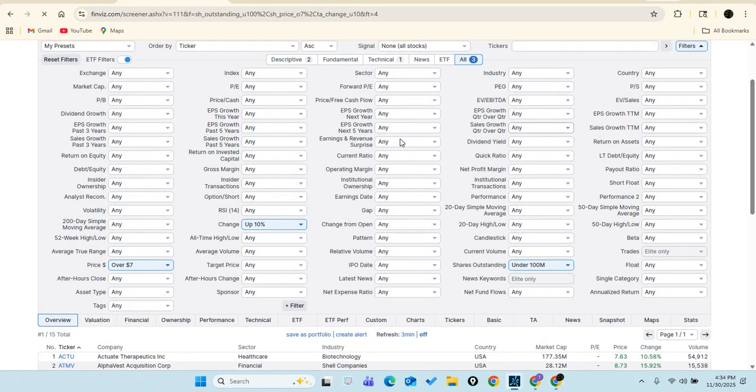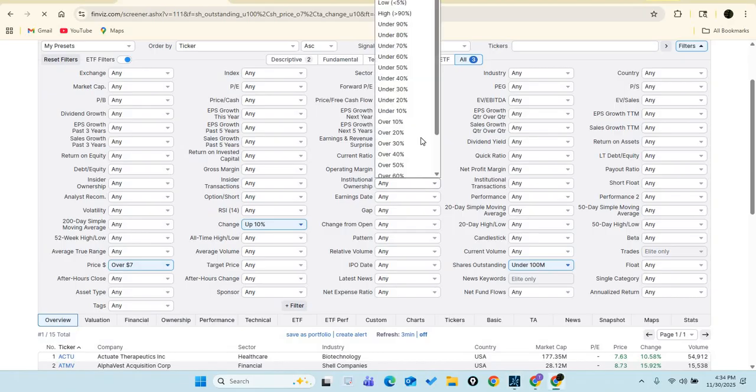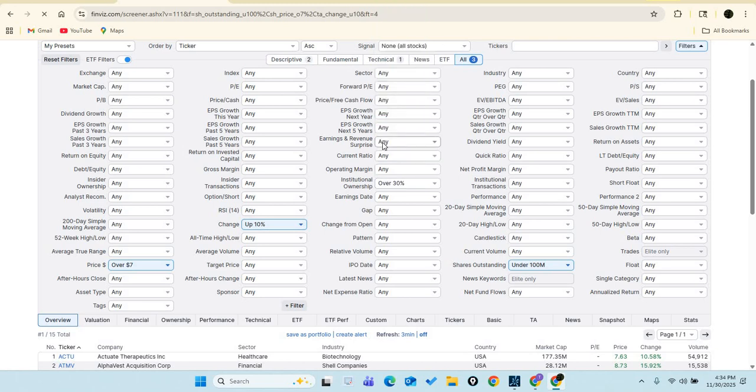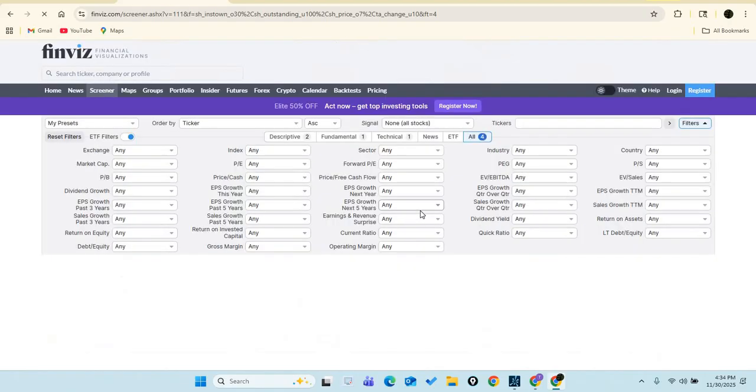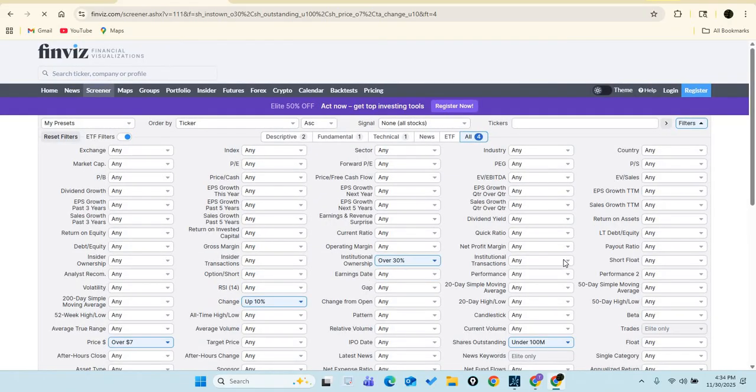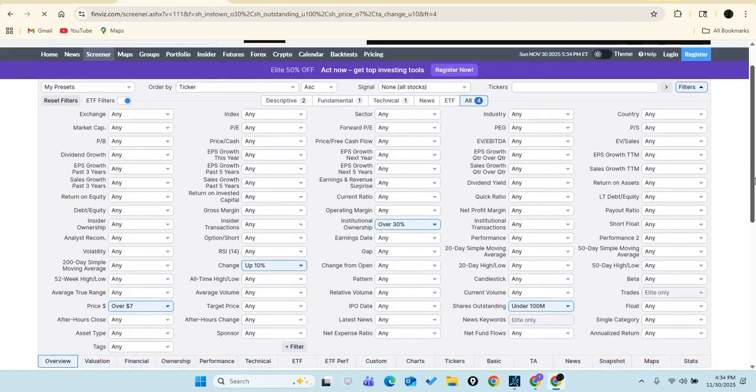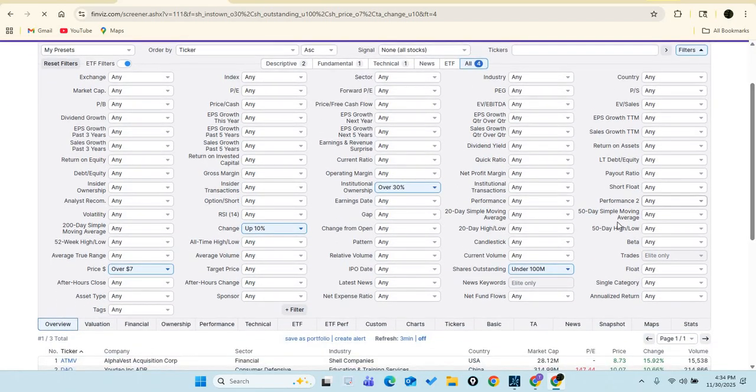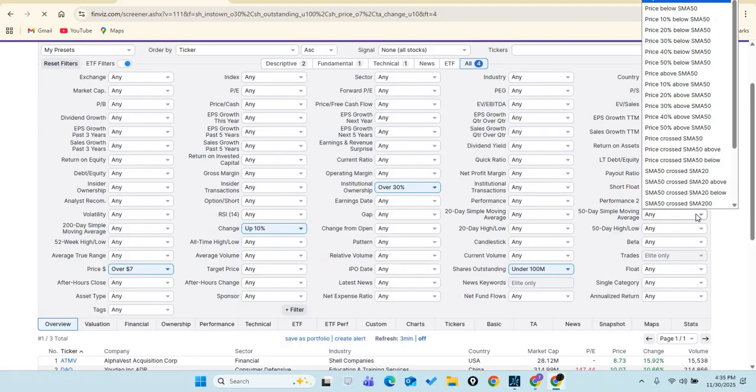Let's say I want a stock with a bunch of institutional ownership, so I need it at least over 30%. You could even do a gap up too. And then I want a stock that's over the 50-day.